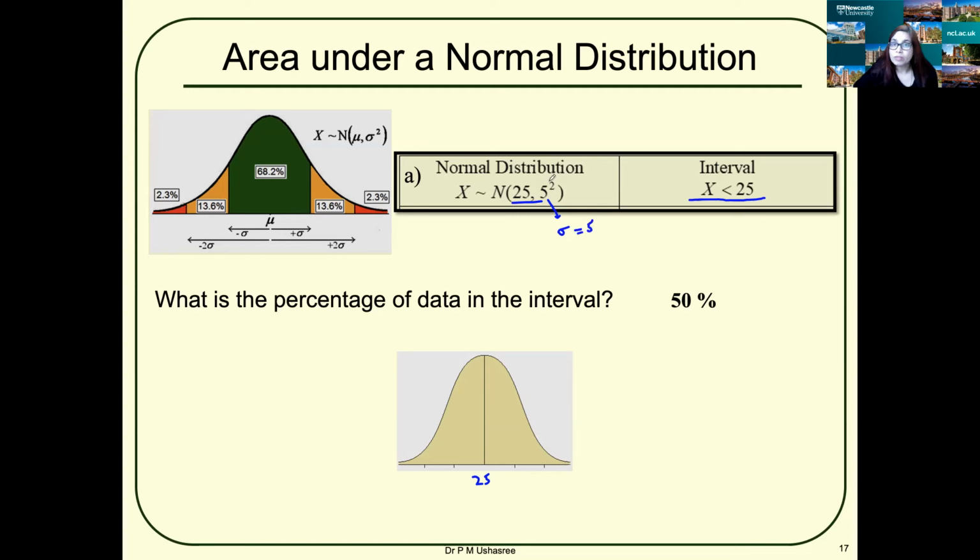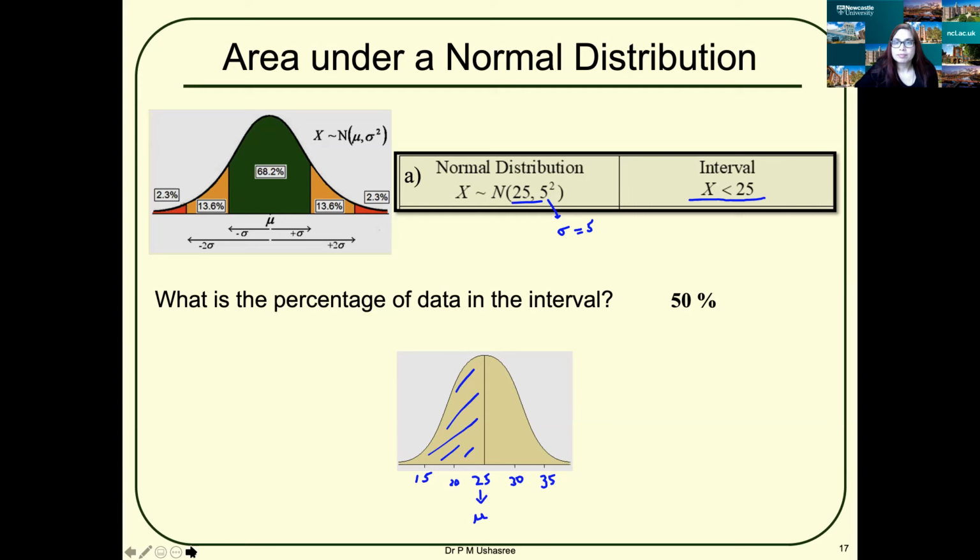So the next point will be 25 plus 5 is 30, then 35. Similarly, on the other side, 25 minus 5 is 20, then 15. So we are talking about this region: 50% of the data lies below the mean, because this is the population mean, mu.